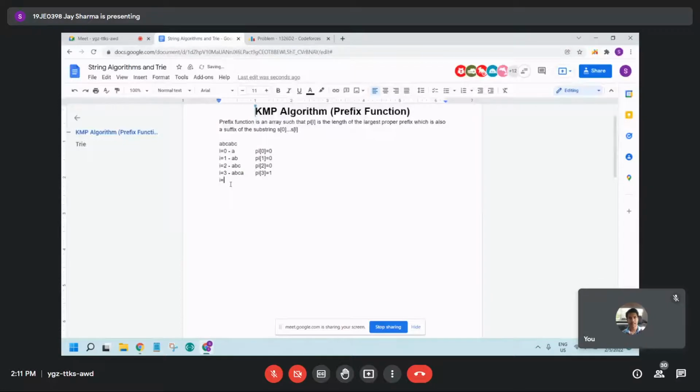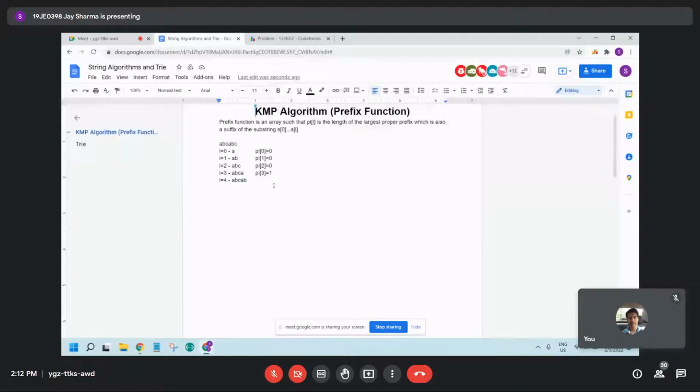Again, for I equal to 4, you have the string ABCAB, and here you can see that A is a proper prefix. You have many proper prefixes, but in this case, the proper prefix AB is also a proper suffix of the string.